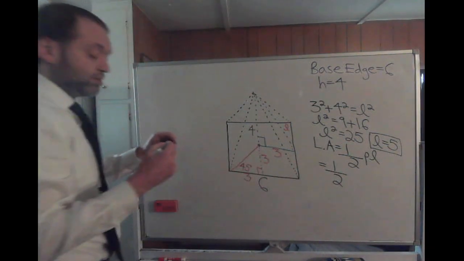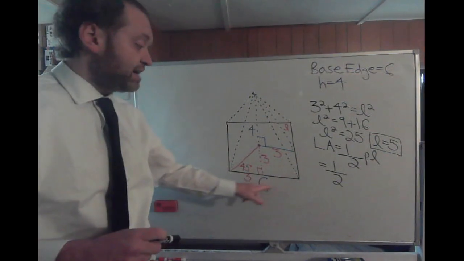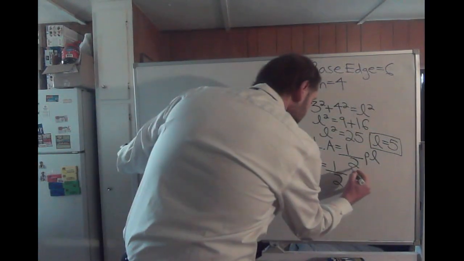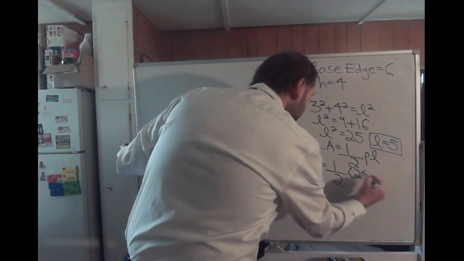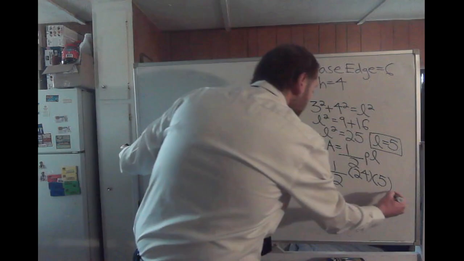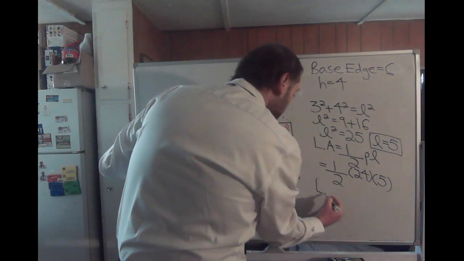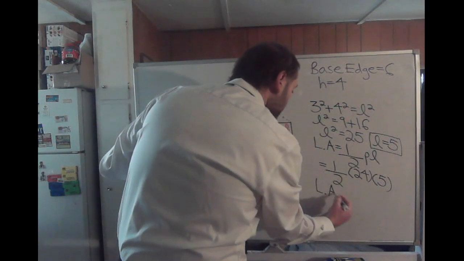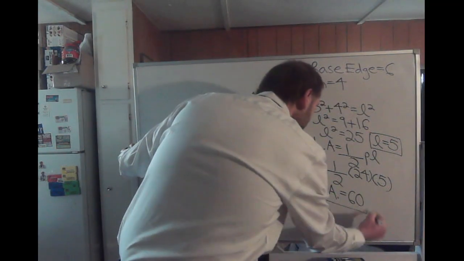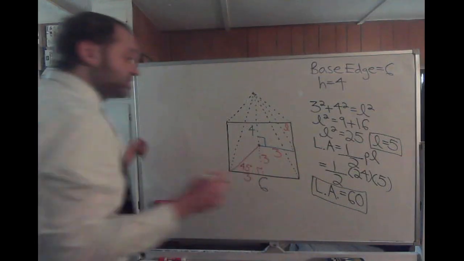What is the perimeter of a square? You just take one side and multiply it by 4. So what's 6 times 4? That's 24. So the perimeter would be 24 times your slant height of 5. Well, now, what is half of 24? That's 12 times 5 is 60. So I get a lateral area for this pyramid of 60 square units.